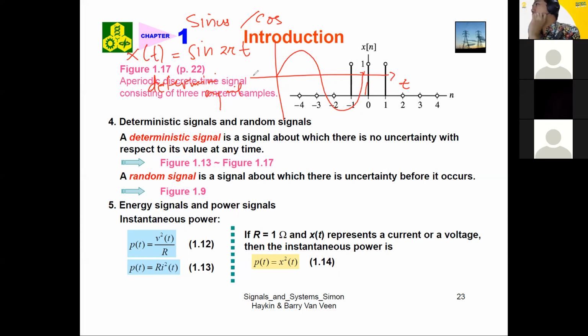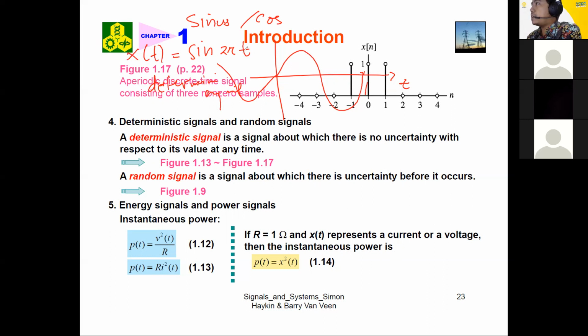As I mentioned, a deterministic signal can be determined at any time, even in the past or in the future. So we can always determine the value.